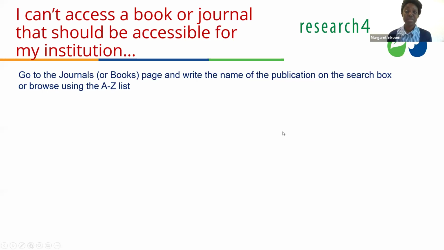And it so happens that in many cases we find an error page or error message, and the end users get frustrated. So there are several ways in which you can access content.